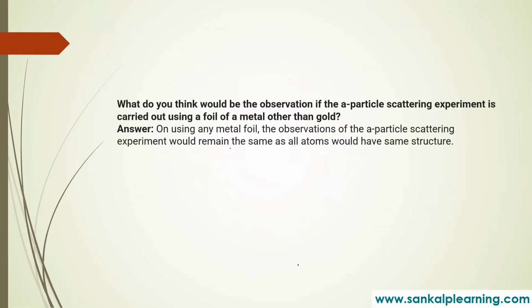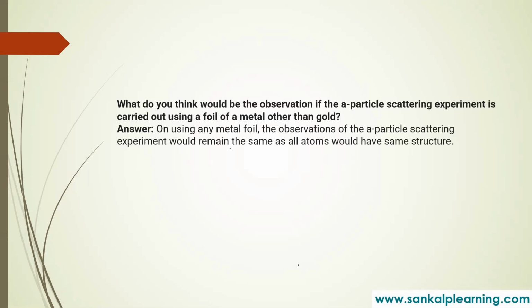Next question. What do you think would be the observation if the alpha particle scattering experiment is carried out using a foil of a metal other than gold? We know that we use gold foil.